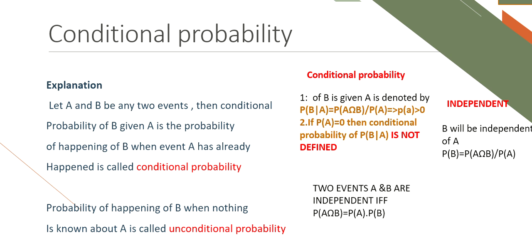So we can tell B is independent of A. How can I tell two events A and B are independent? If and only if probability of A intersection B is probability of A times probability of B.